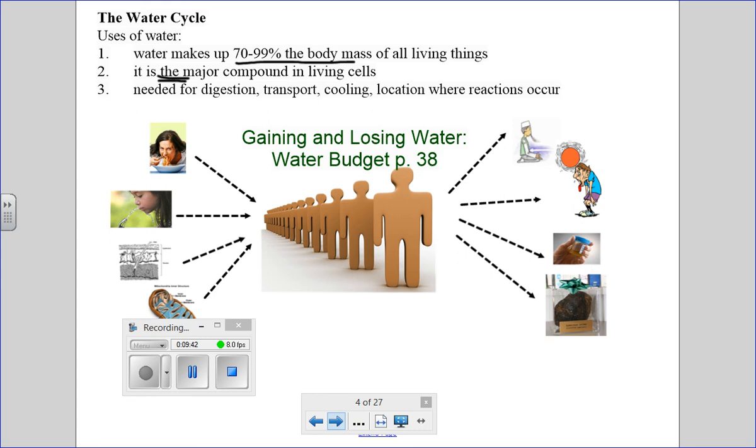What do I need water for? Well, I need it for digestion. We know a lot of reasons that you would need water for digestion. For example, we know about hydrolysis, a chemical reaction that happens to break macromolecules down into smaller pieces.